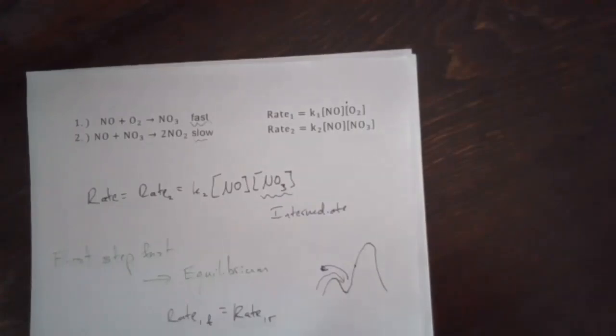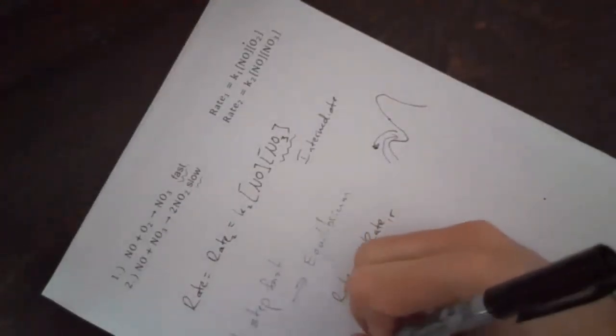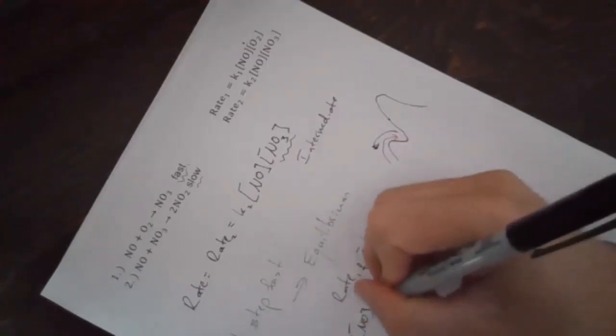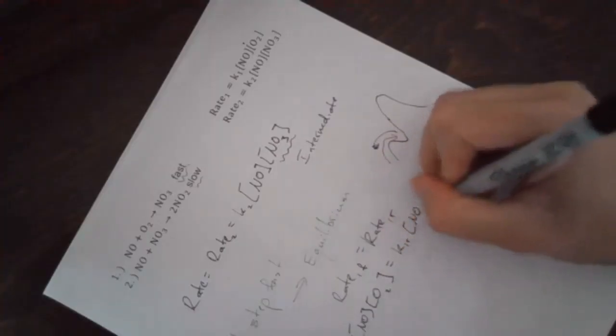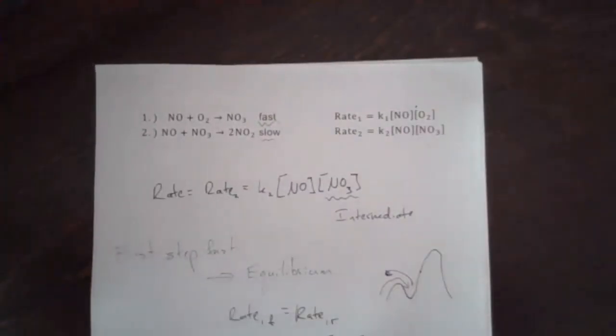So we can define our forward and reverse. This is the rate law for the first forward reaction, with F for forward: k1F times NO times O2 is equal to k1R times the concentration of NO3. If the forward reaction is elementary, the backwards reaction also has to be elementary, so we can come up with that rate law.